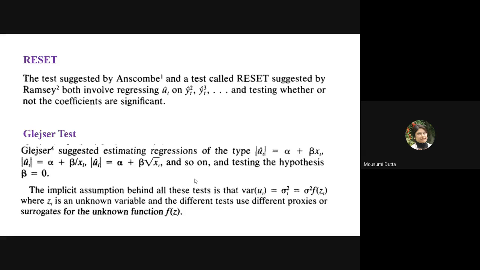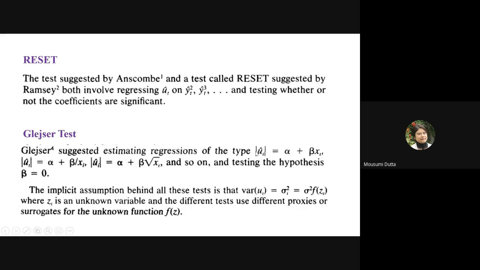Glejser test is very interesting. In the case of the Glejser test, Glejser is suggesting to consider the absolute value of the residuals, the mod value of the residual, and regress it on xi, root over xi, 1 upon xi, and root over xi.